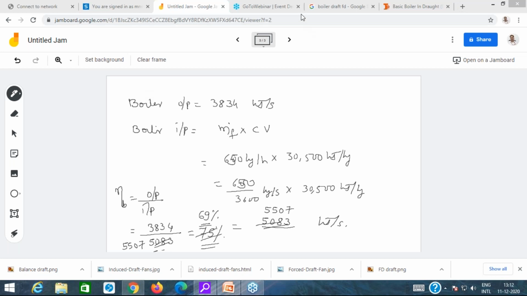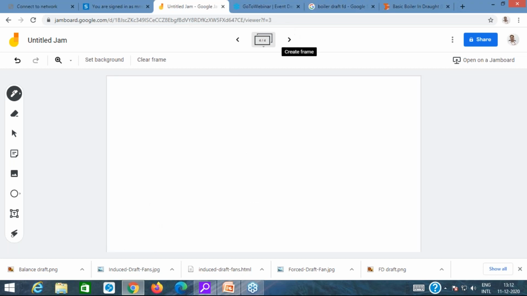Okay, I am going to the calculation of equivalent evaporation. Okay, Madhuri, thank you. Chaitali, thank you. Let me now calculate the equivalent evaporation. So equivalent evaporation, as we have studied in the last lecture, the very simple expression is there.